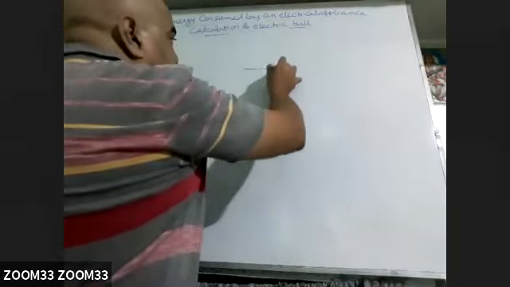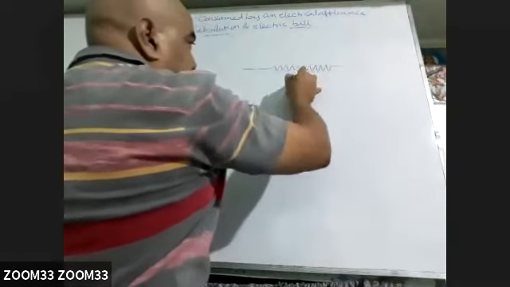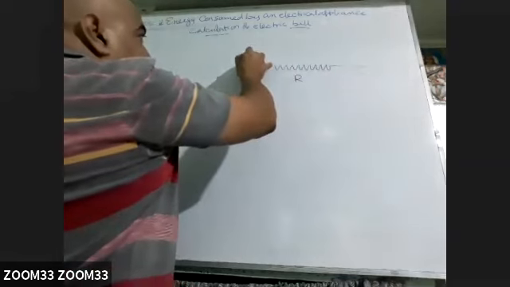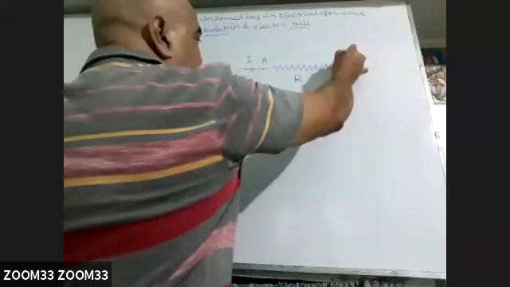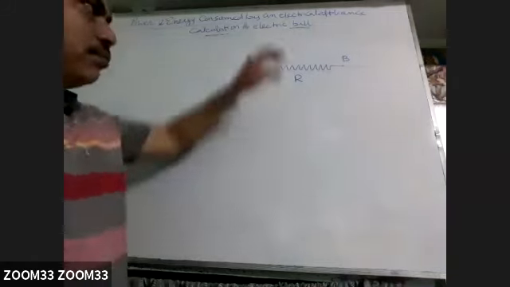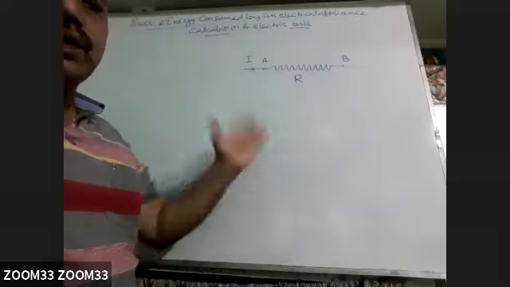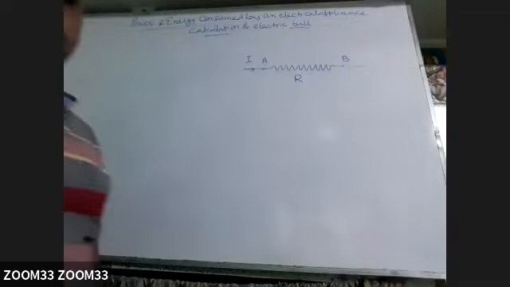So if we pass any current through this appliance, appliance means some load will be there, some resistance will be there, or whatever we are using just to transform energy from electric form to other form.